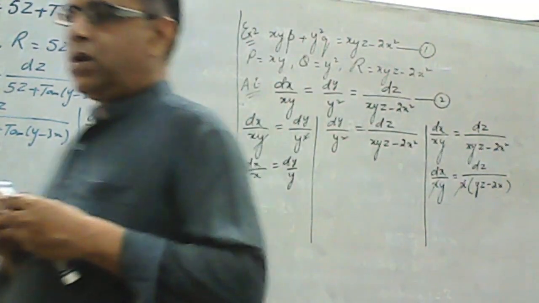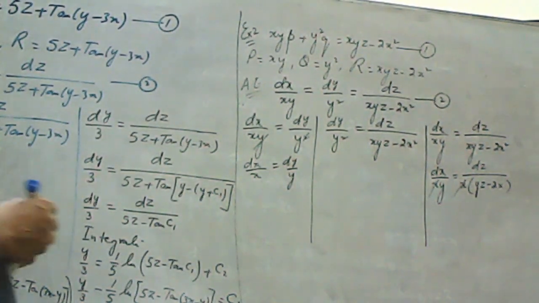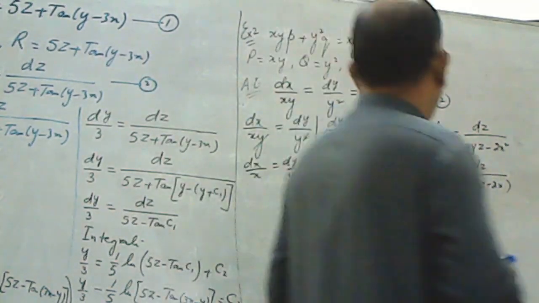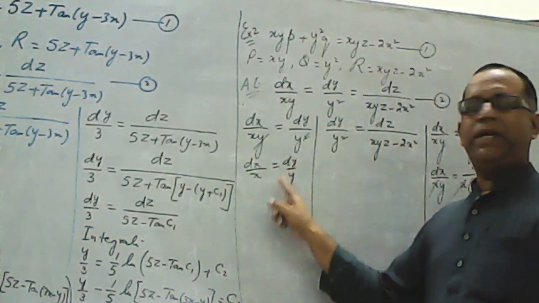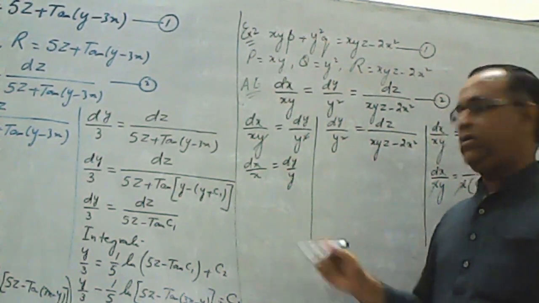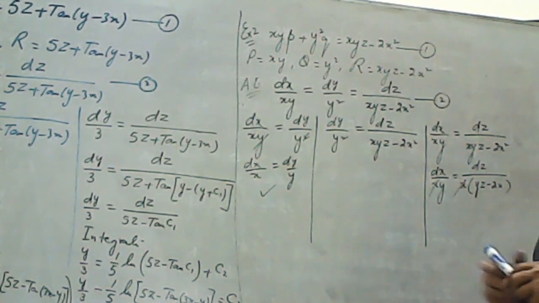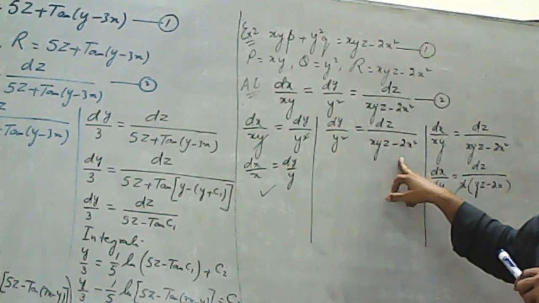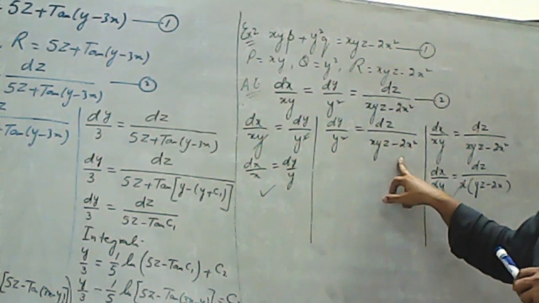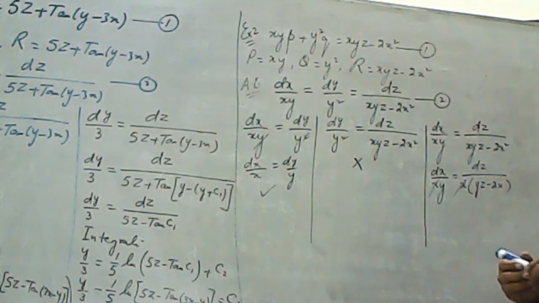Now look at all these pairs and check whether all 3 or any 2 or any 1 is possible to solve. Here, z is missing from the denominator, z is also missing from the numerator, so this possibility is solvable. Here x is missing from the numerator and x is there in the denominator, and we are not in a position to cancel x, so this possibility is not solvable.